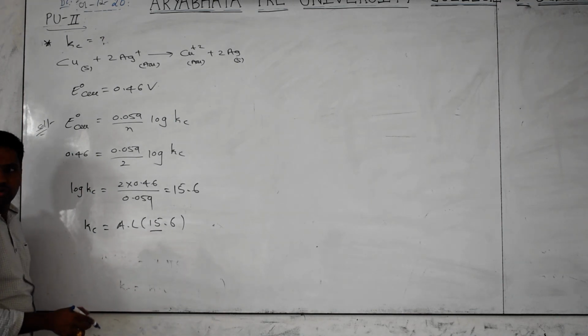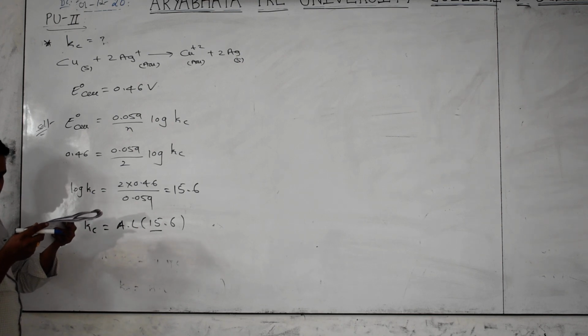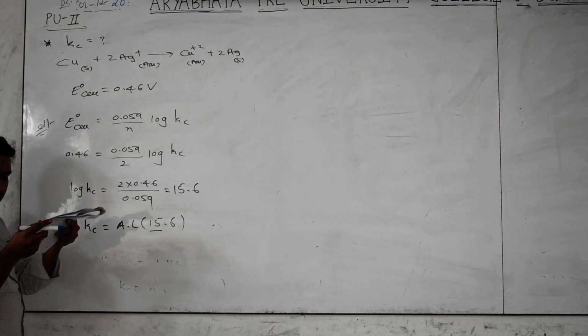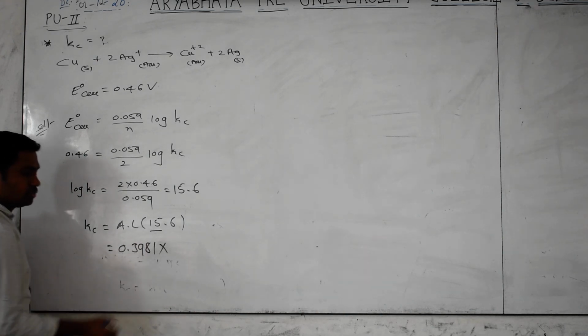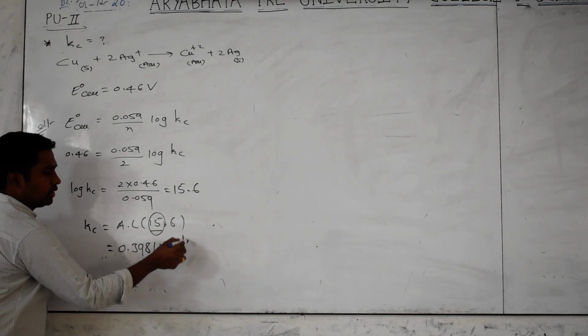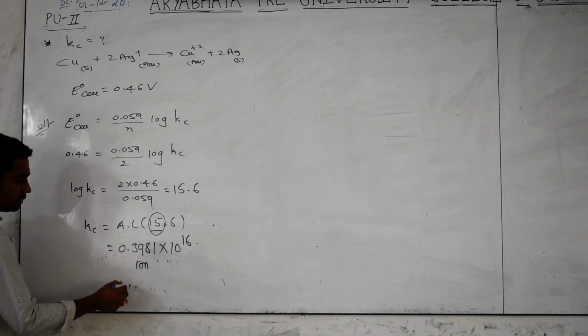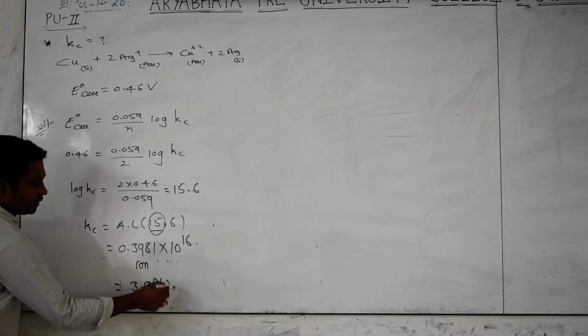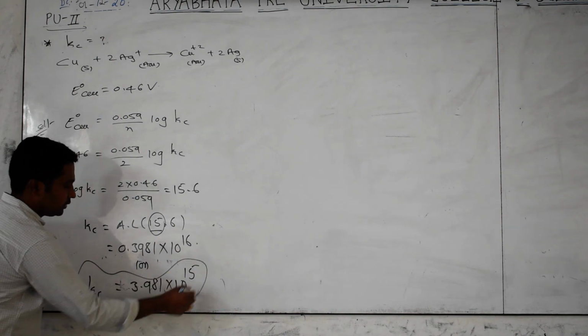What we have to do is take the anti-log of 0.6. For 0.6 we are getting 0.3981. 0.3981 into 10 to the power 15 plus 1, that is 16. Better to write it as 3.981 into 10 to the power of 15. That is the equilibrium constant value.